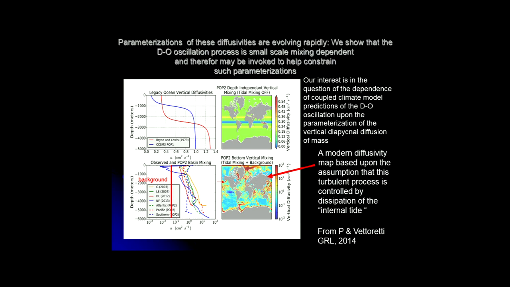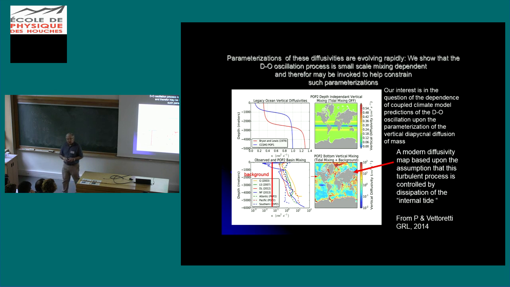And let me go back to make a couple more comments before I actually show you the couple model integrations under these boundary conditions. So again, this is the picture I showed you previously of the legacy vertical profiles for diapycnal diffusivity.